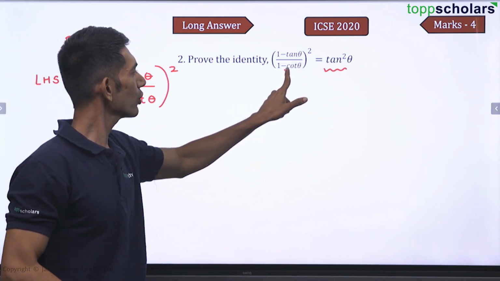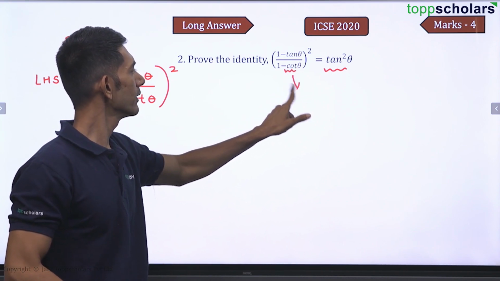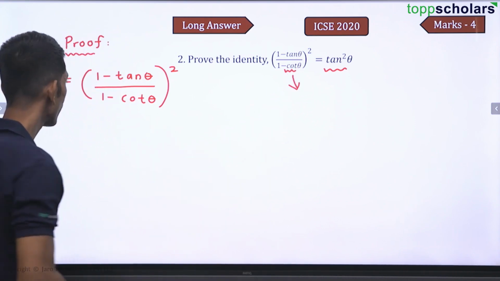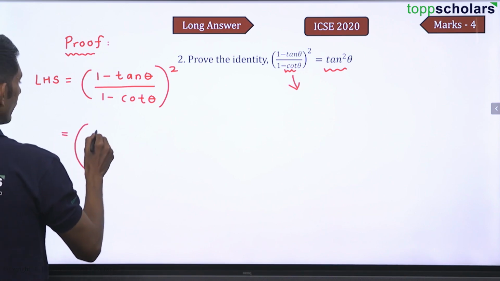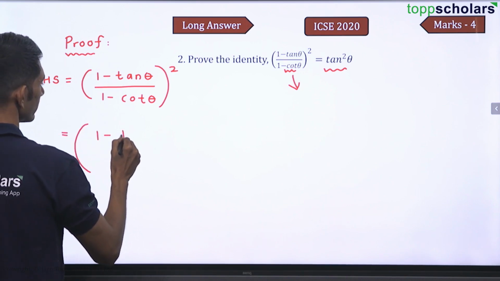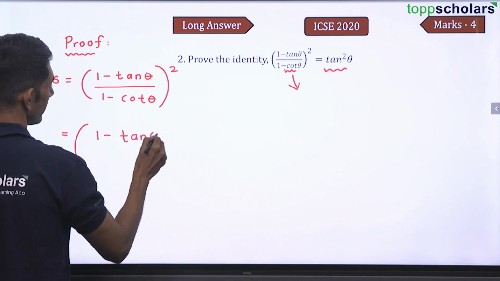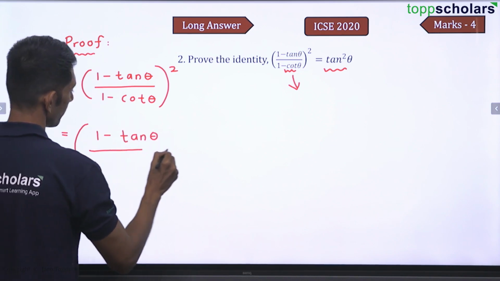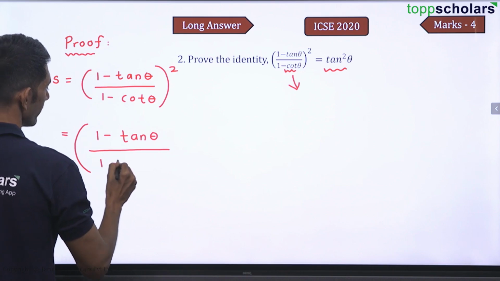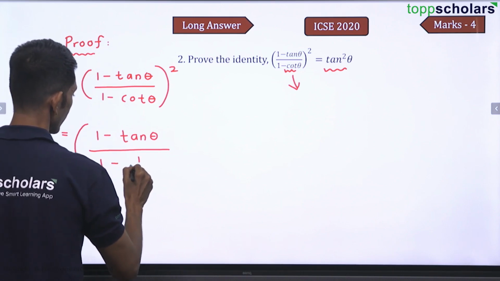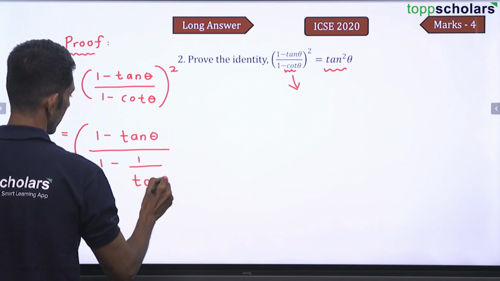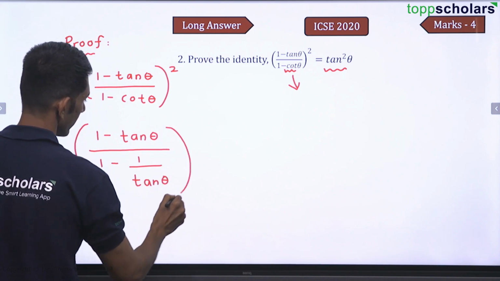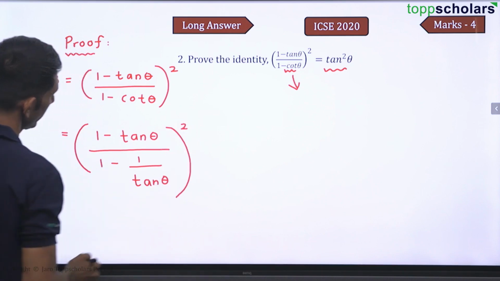And on the right hand side, we want only tan. So can we convert cot in terms of tan? We know that cot and tan are reciprocal of each other. So can I write this as 1 minus tan theta by 1 minus cot theta, which can be written as 1 by tan theta, the whole square.